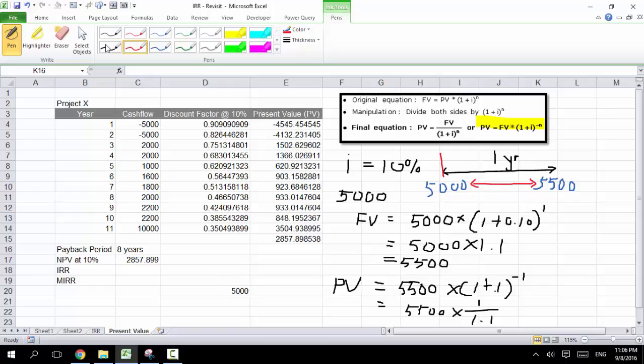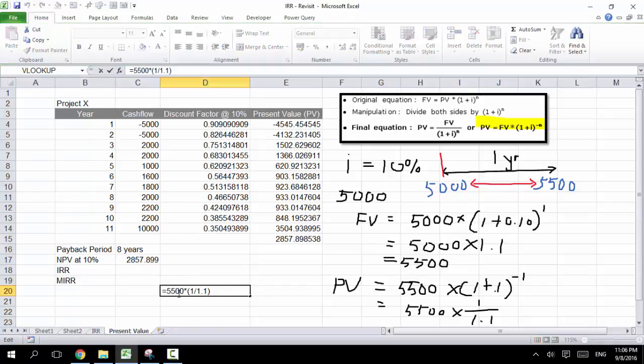So again, let me just recap that. If somebody says, give me 5,000 today, I'll pay you back 5,300 in 1 year's time, at the interest rate of 10%, not exactly 10% then, I'll give you back 5,300, but it's actually just equivalent to 4,800.